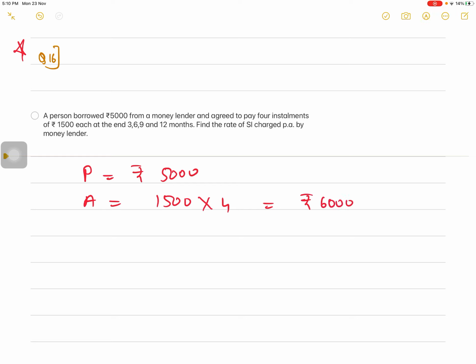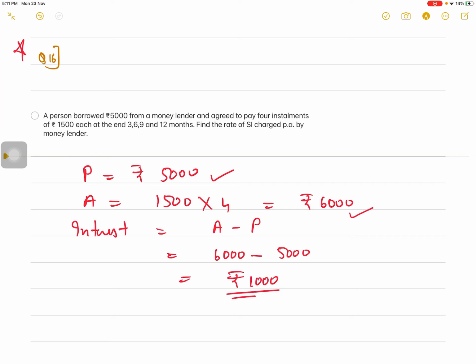So in this we can understand that principal amount is 5,000 and amount is 6,000. So interest is amount minus principal, that is 6,000 minus 5,000, which is rupees 1,000.